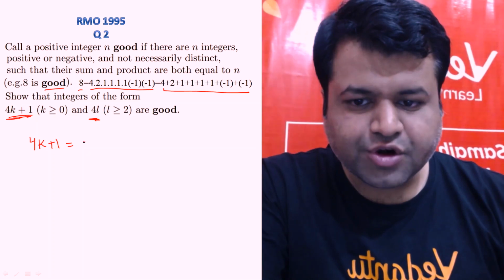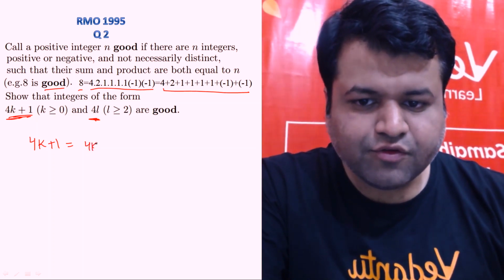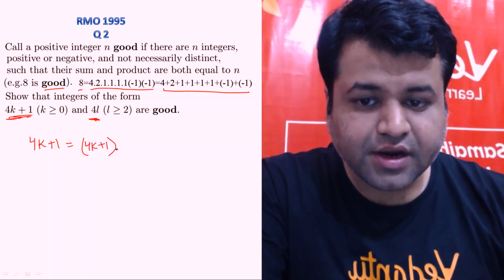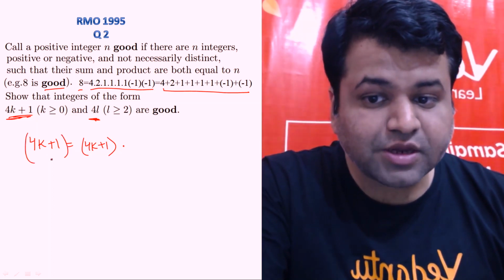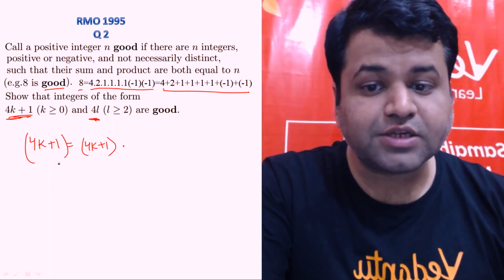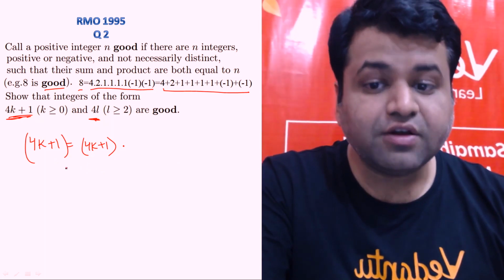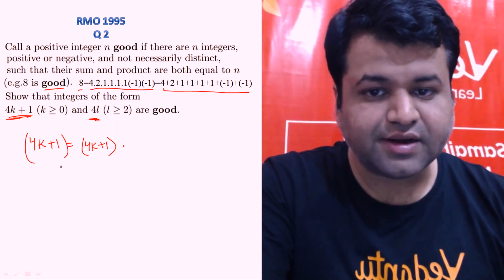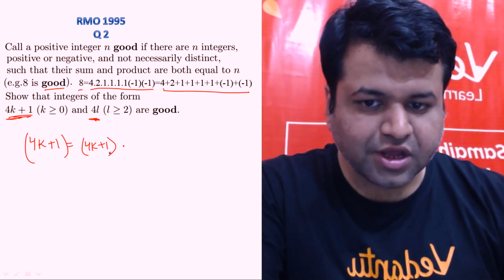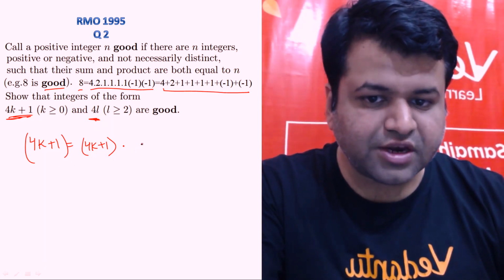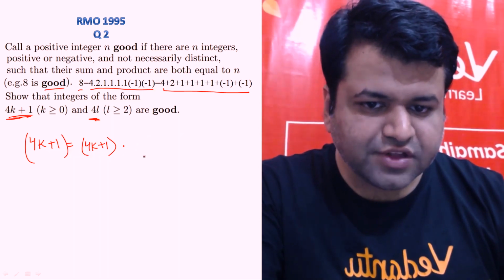We can write 4k plus 1 as 4k plus 1 times something, where the product should also be 4k plus 1, the sum should also be 4k plus 1, and the number of such numbers should also be 4k plus 1. We have used 4k plus 1 here, so we are left with 4k numbers, and the product of these numbers should be 1.